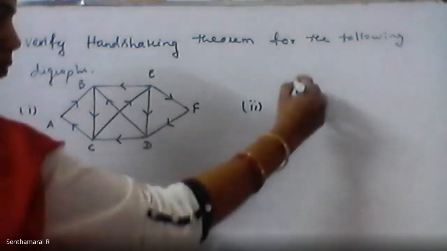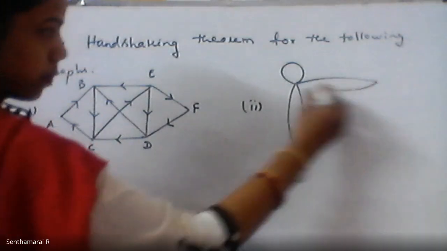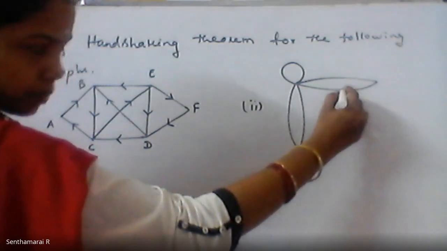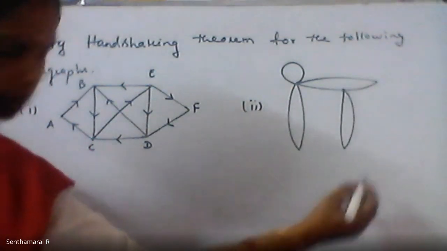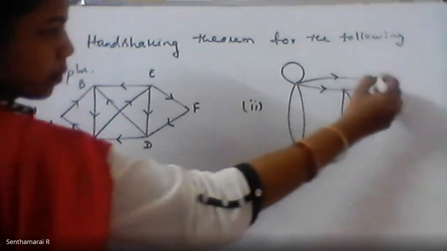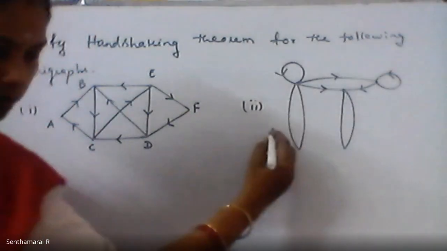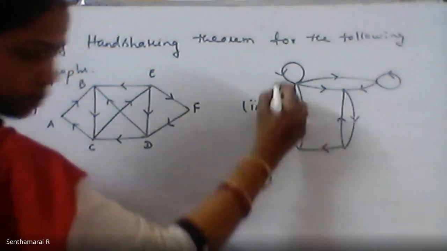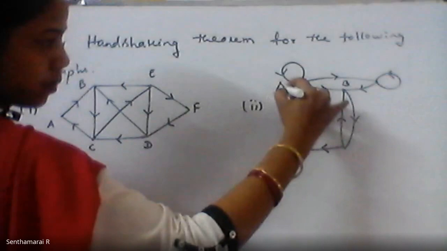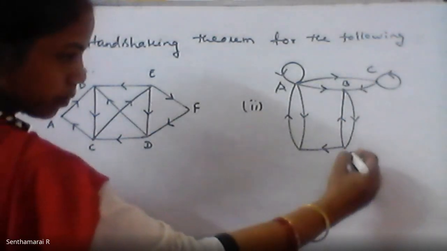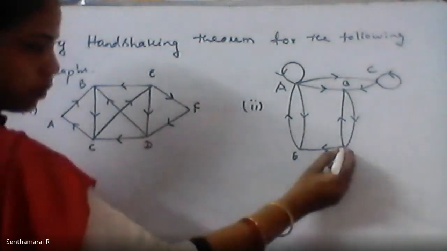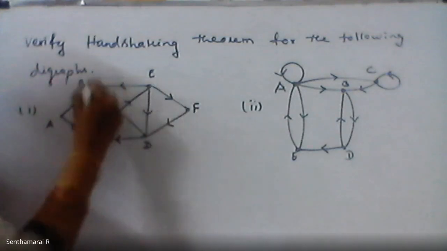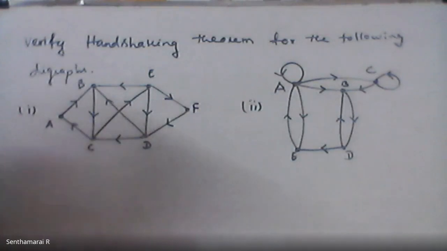Second graph. That's it. For these two graphs, we have to verify the handshaking theorem.